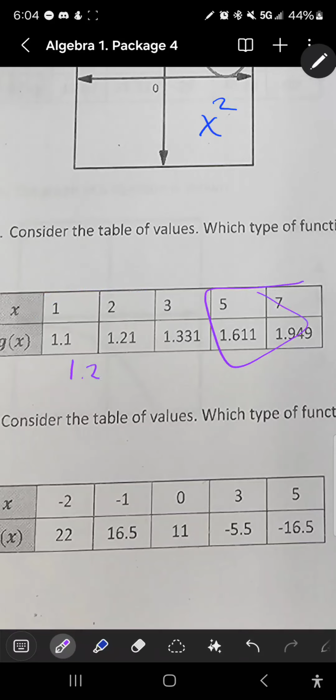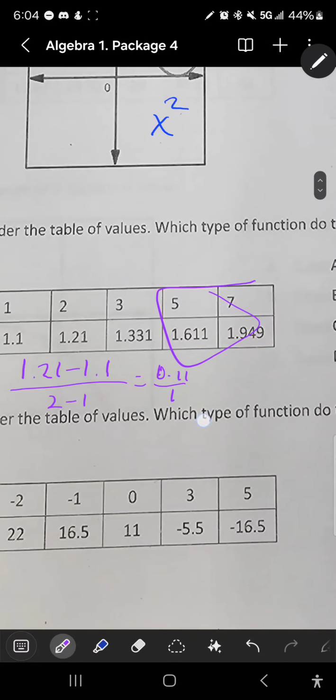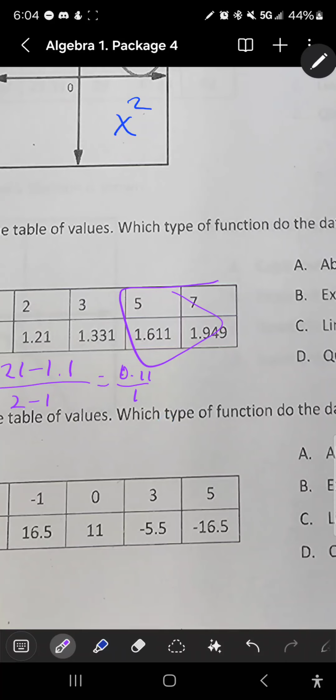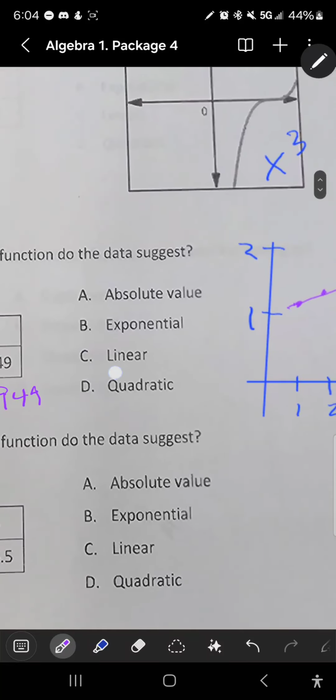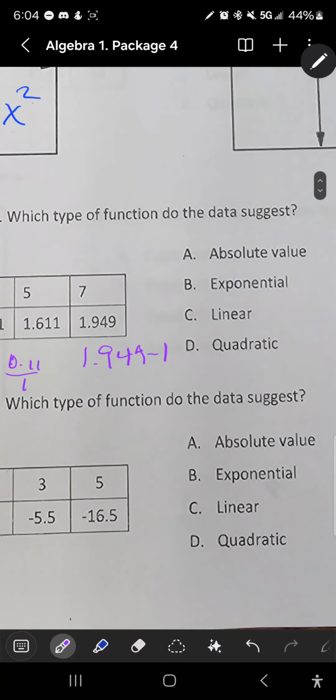It will be 1.21 minus 1.1 over 2 minus 1, so 0.11 over 1, which is 0.11. And then for these points, it is 1.949 minus 1.611 over 7 minus 5.